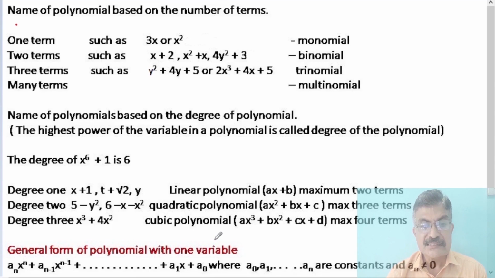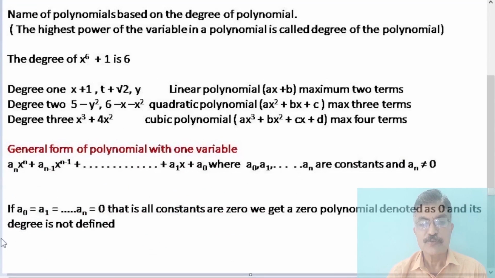Next we will look at the general form of the polynomial in one variable. I have already told you, we will study polynomials with only one variable. The general form is a n x raised to n plus a n minus 1 x raised to n minus 1, and so on, up to a 0. These are all constants.